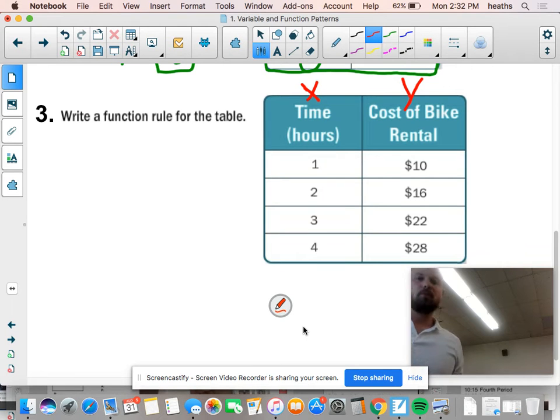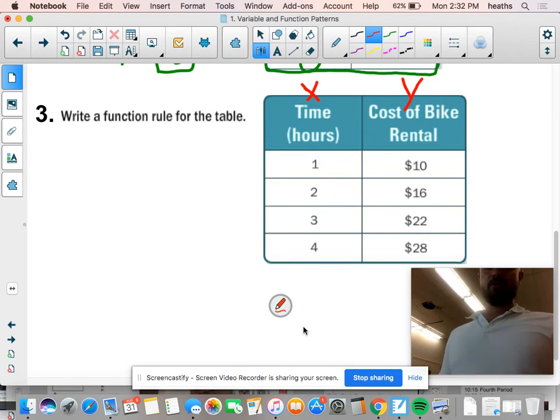Okay, so what I would do is we notice time in hours just goes up 1, 2, 3, 4 on the left column, but on the right column, the cost of the bike, it goes from 10 to 16 to 22 to 28. Now, me just eyeballing this, I noticed that from 10 to 16, we're adding 6.